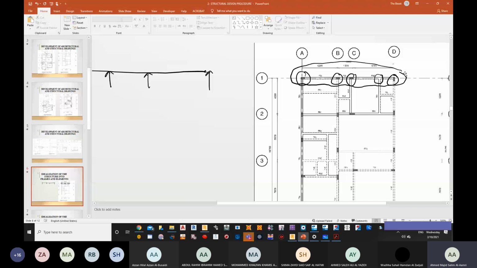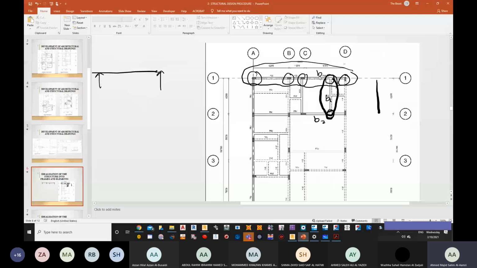Now, how do we analyze this? If I take this particular beam, this beam is carried by the other beam here. If we say that this is beam number 1, this is beam number 2, this is beam number 3, then my beam number 1 has beam number 2 as a support from one side and beam number 3 as a support from the other side.